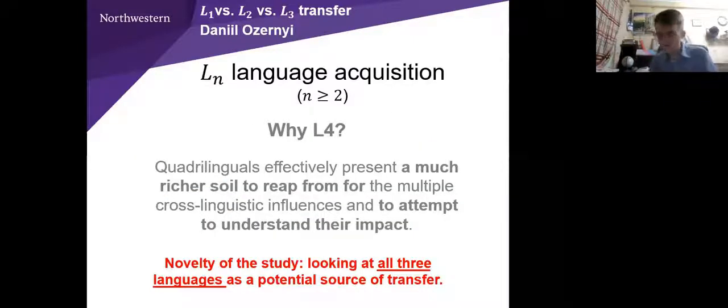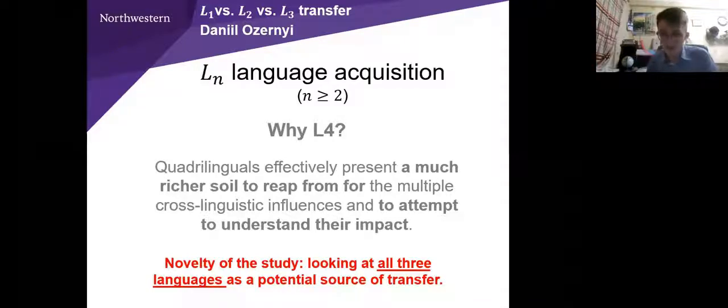Well, quadrilinguals effectively do present a much richer soil to reap from for the multiple cross-linguistic influences and to attempt to understand their impact. If we want to see a privileged influence, we want to look for it amongst many other influences.